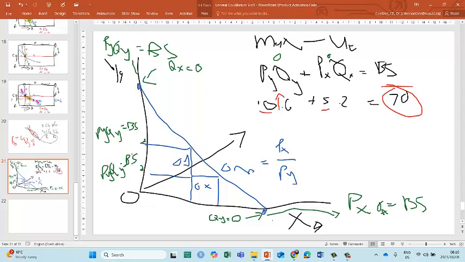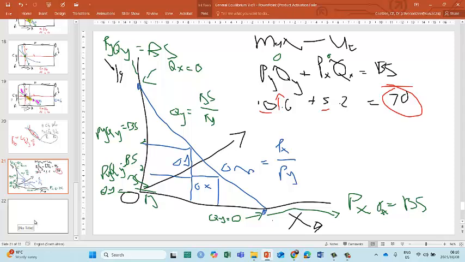So both of those are that specific value. What we can do is convert this, because remember it's quantity: Qx is equal to the budget constraint divided by Px. And that point there is also, I'm running out of space now, Qy is equal to the budget constraint over Py.